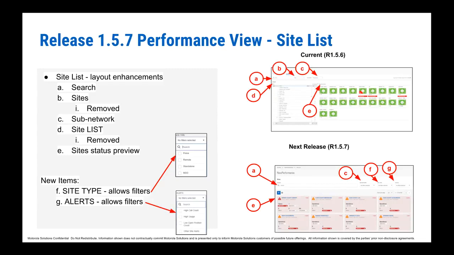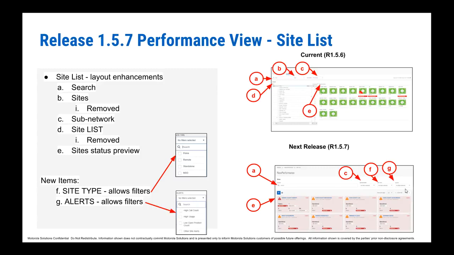The search area has been laid out with the search box on the left, the subnetwork drop-down to its right, and the new site type drop-down. A new search criteria of alerts has been introduced with the options for high call count, high affiliation count, high usage, low open position count, and other site alerts.